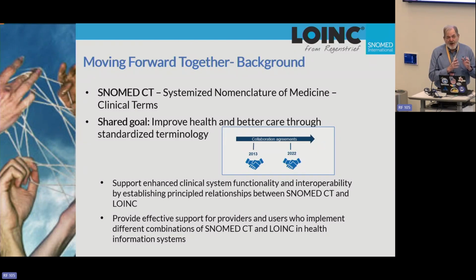But the foundational element of that relationship was that SNOMED could not create a SNOMED code that corresponded to LOINC codes. What the agreement said is that you could create a SNOMED expression, a combination of SNOMED codes that meant the same thing as the LOINC code, but you couldn't make a SNOMED code for that thing.